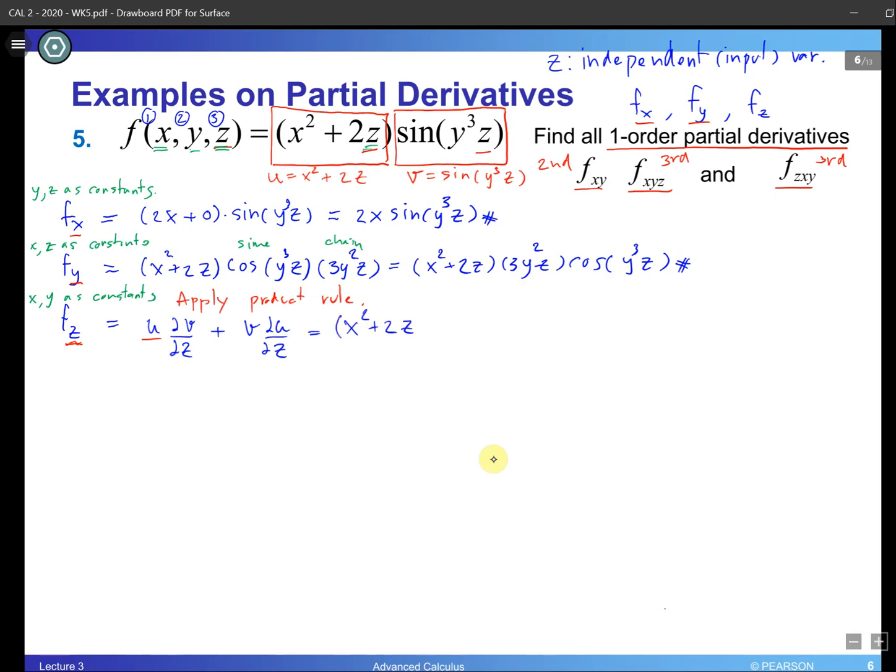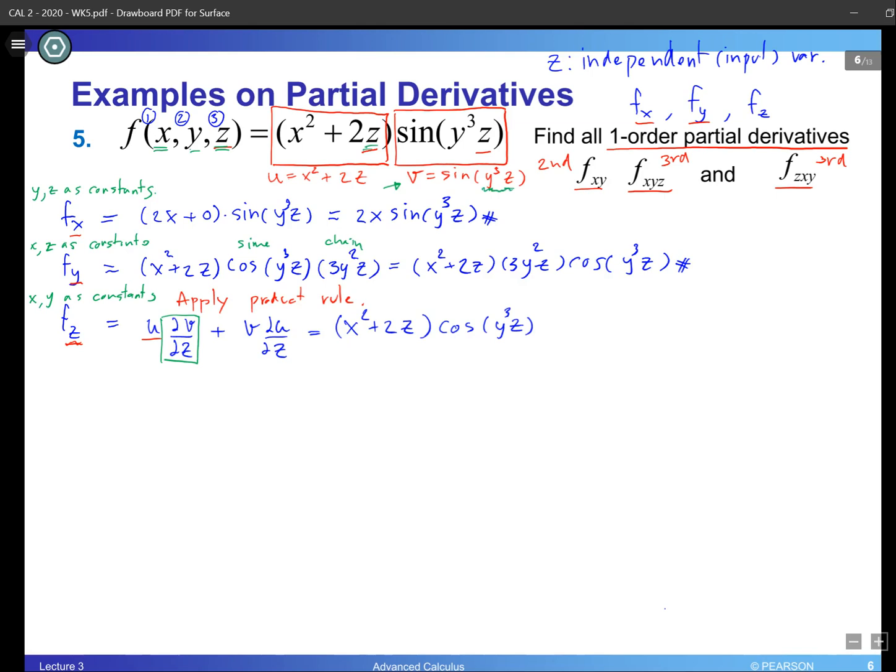Alright, now I need to find this dv by dz. So I need to look into this v and differentiate this with respect to z, and z is right here in the function of sine. So I need to diff sine first to get cosine. Alright, and I keep everything inside the same before I perform the chain rule to the inside.